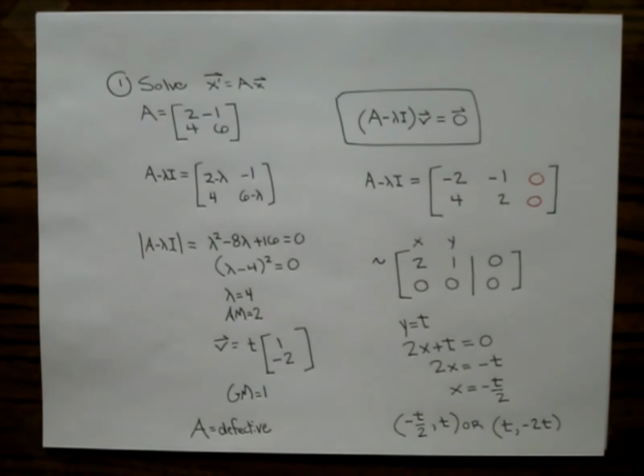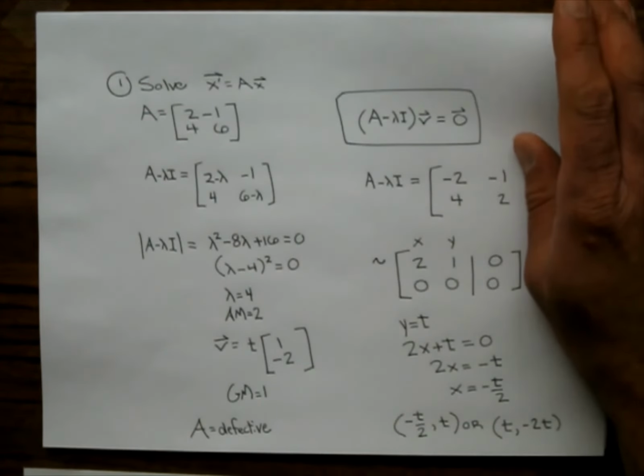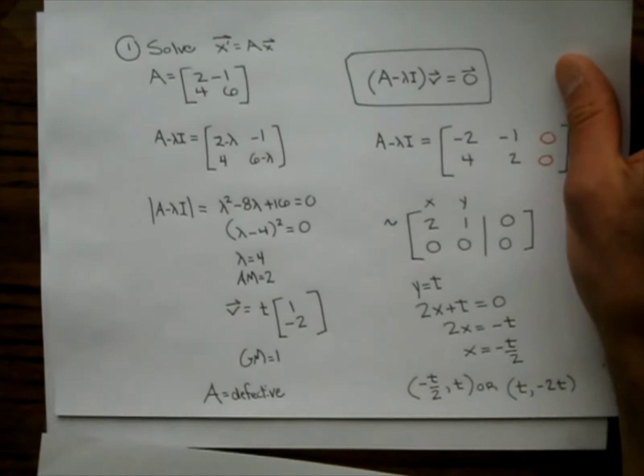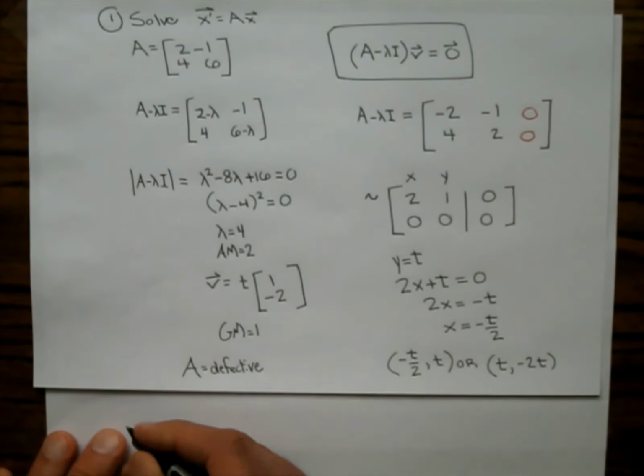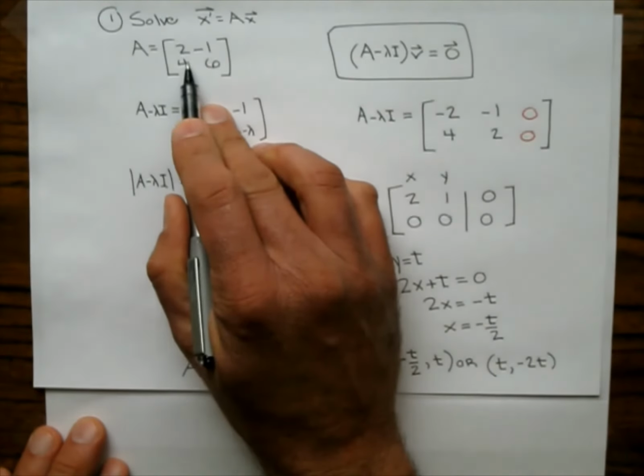So what are we going to do now? Everything I've done in this problem up to now has just been what we've been doing in linear algebra. So let's go ahead and write up part of the solution. Maybe we can look at our solution here. So this is a 2 by 2 matrix.